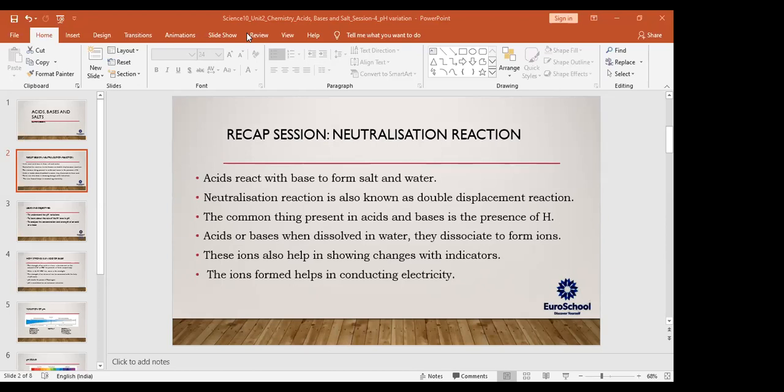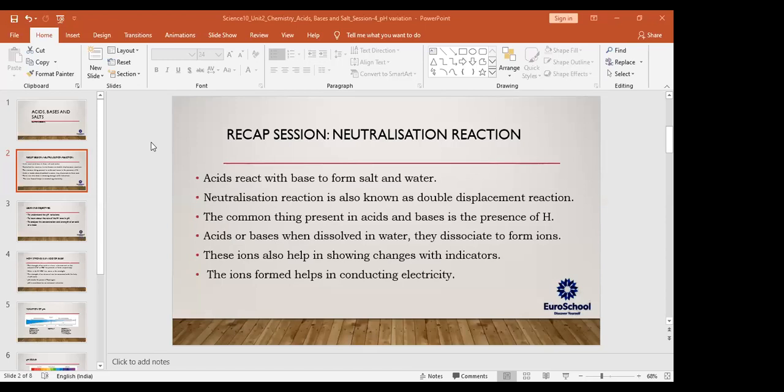Sidra, example of neutralization reaction? Reaction of hydrochloric acid with sodium hydroxide. What will be the result that will be formed, or what are the end products?